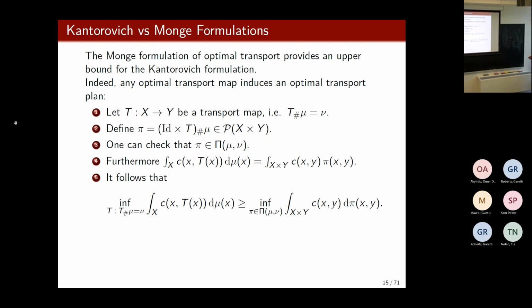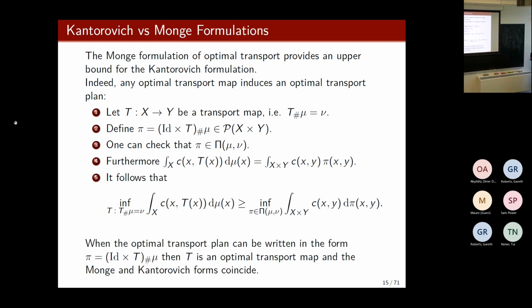So this is potentially a smaller set, and this is potentially a much bigger set, so the minimum on the right hand side has to be smaller. The converse also holds when the transport plan pi can be written in the form of a transport map. In that case, everything goes back through and you end up with an equality, and that means the Monge and the Kantorovich forms coincide.